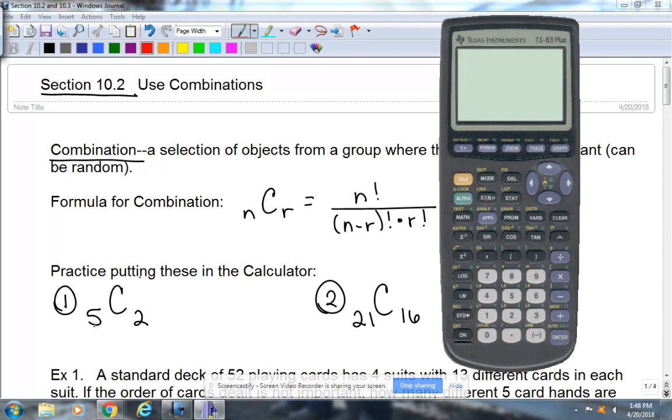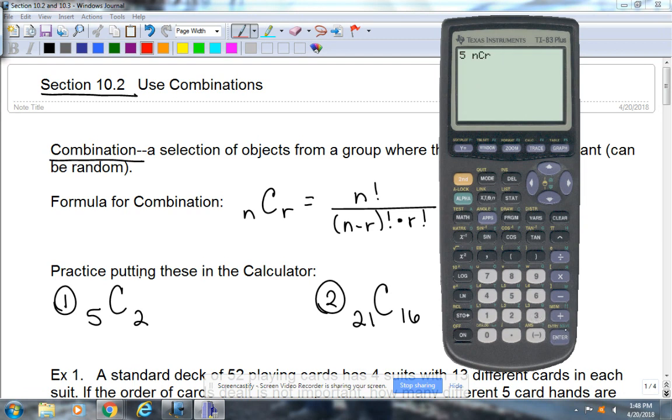Okay, so your first number is your total. So hit the 5. Then you're going to hit the math button. Where is the math button? Under the alpha button. Then you're going to find the abbreviation for probability, and you can actually arrow backwards and highlight it. And then you find the one with the C. Which one has the C in it? 3.